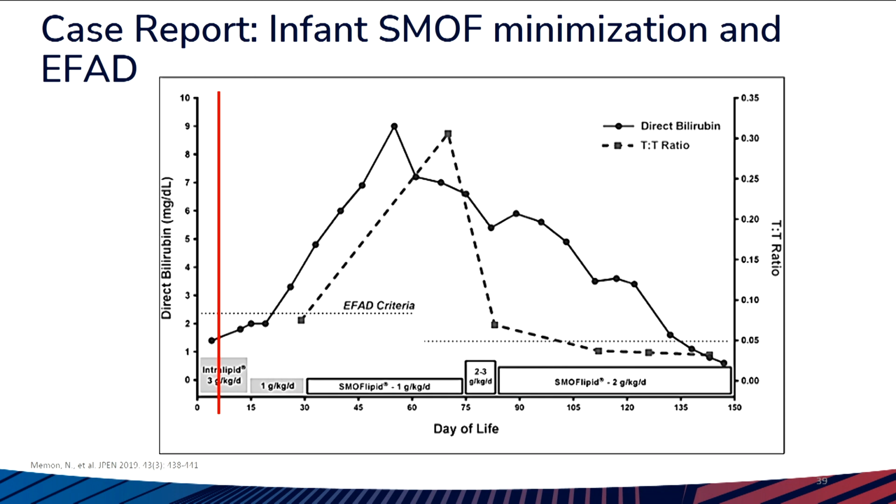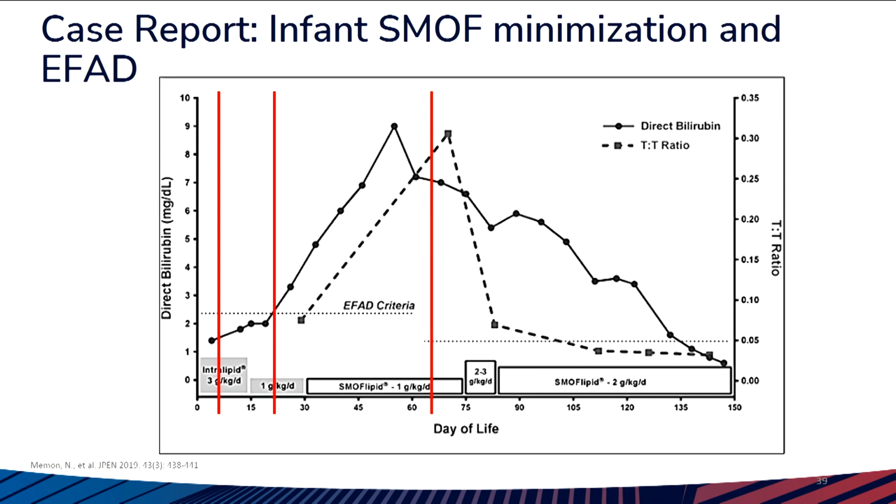So while we think it's the lipid all the time, in this case the dose was not appropriate. Once they started appropriately dosing, their direct bilirubin resolved also. So that's where it really goes back to the importance of dosing correctly for the type of lipid that you're giving.